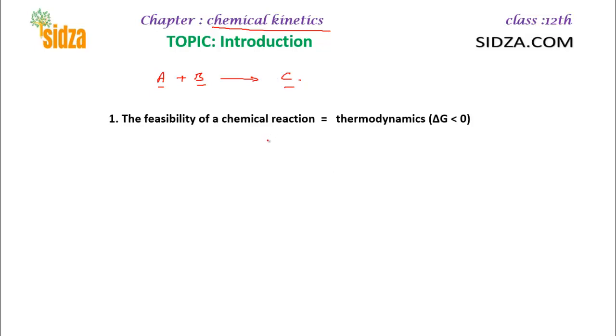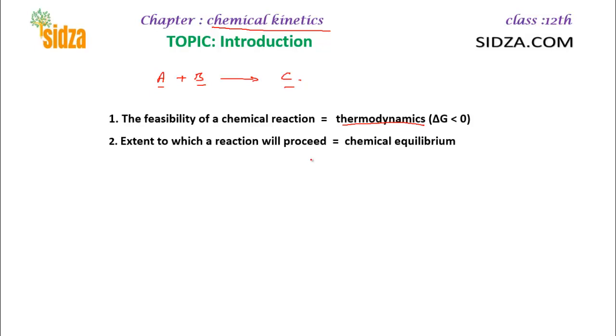This thing and other related topics we get from thermodynamics, right? So thermodynamics will tell us whether the reaction can occur under the given set of conditions or not, whether the reaction is feasible or not, whether A will react with B or not.